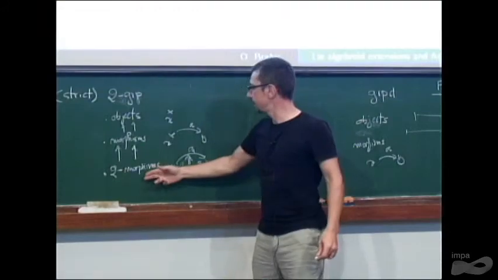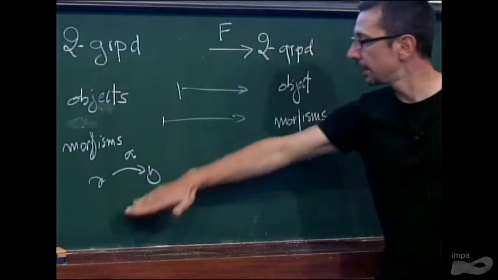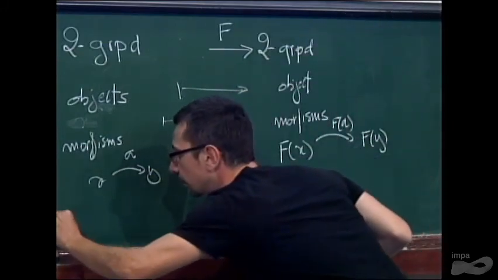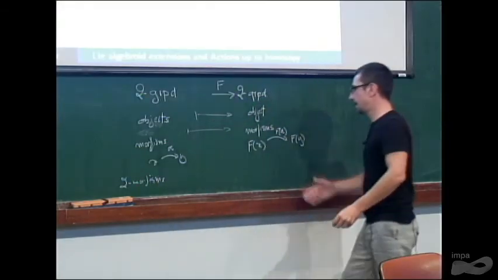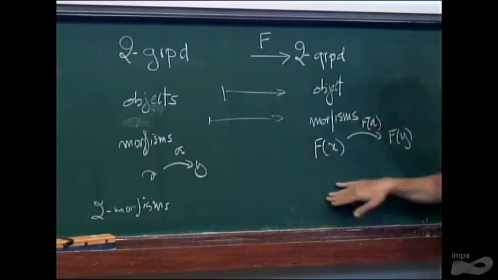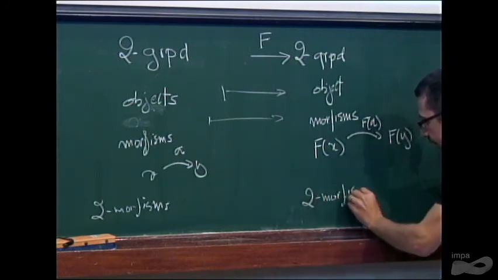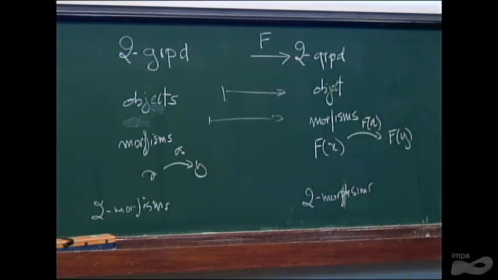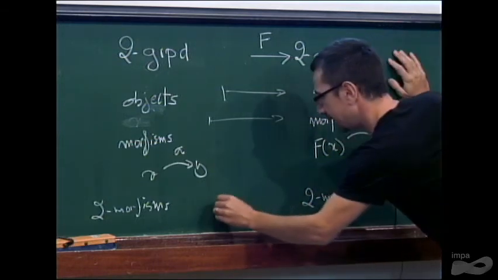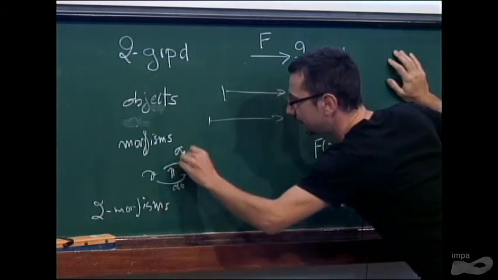For a 2-groupoid, you have one extra layer. So I'm going to put a 2 in here. So now I have an extra layer of 2-morphisms, and I'm going to send 2-morphisms to 2-morphisms. The 2-morphism, remember, goes from A0 to A1.